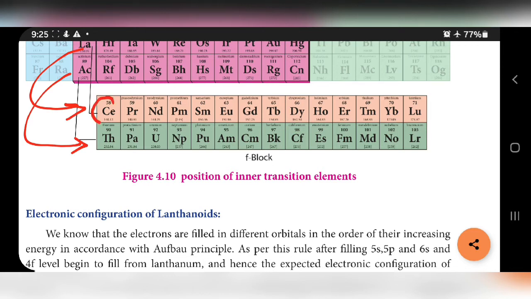The lanthanide series contains 14 elements from cerium to lutetium after lanthanum, and like that the actinide series contains 14 elements from thorium to lawrencium after actinium.